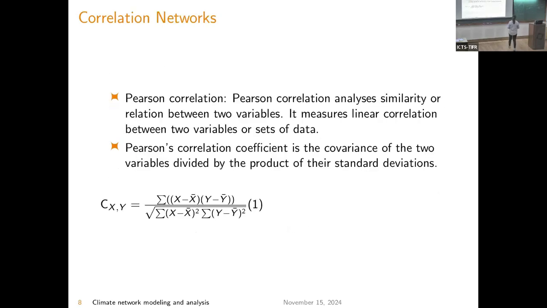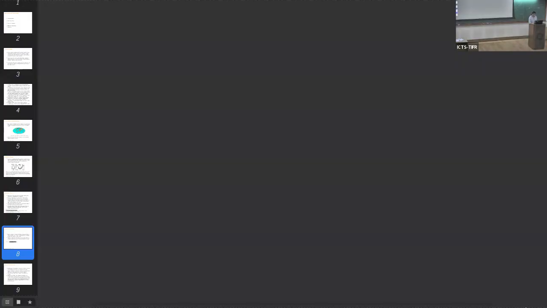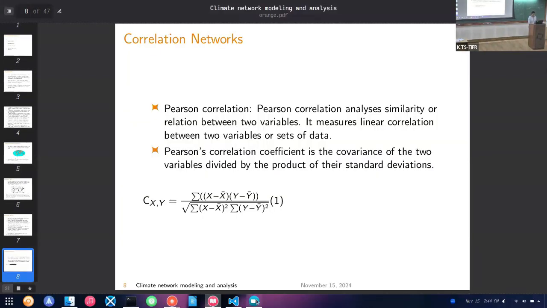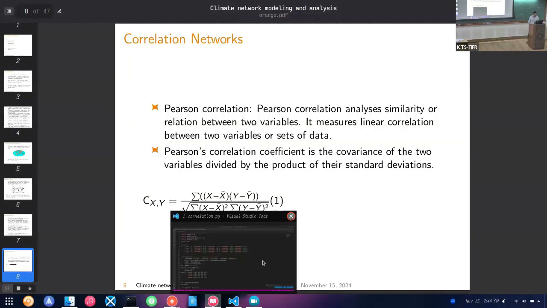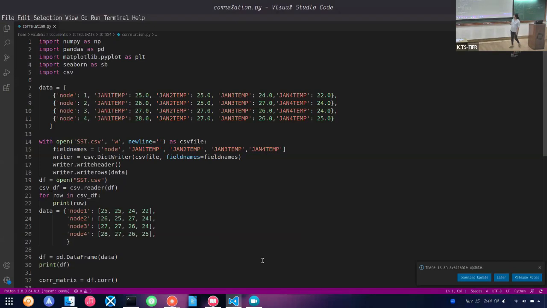So let me show you how. If you have 4 node points, let's say these are the 4 nodes I have. Basically, while constructing a climate network, you're dealing with a big, huge CSV file, comma separated variables.